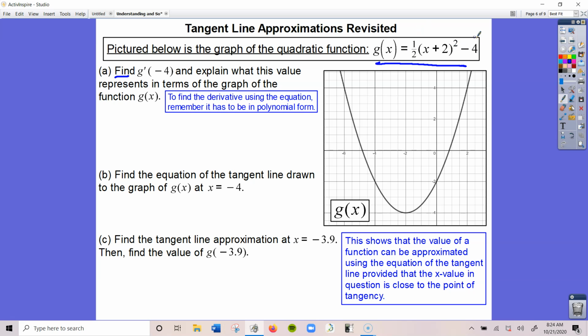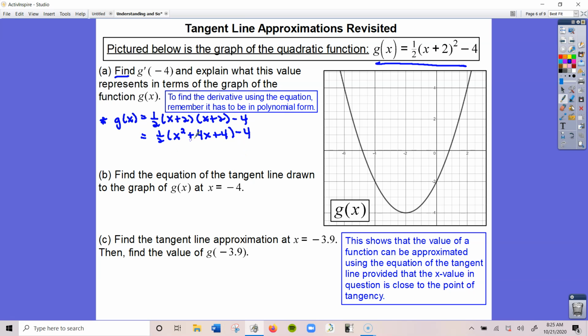Now this does not look like polynomial form, so I would have to rewrite it in polynomial form, meaning that I'm going to take g of x, and I'm going to distribute that x plus 2 squared, so that's x plus 2 times x plus 2 minus 4. So I have this 1/2. When I FOIL x plus 2 times x plus 2, I would get x squared plus 2x plus another 2x, so plus 4x plus 4 minus 4.